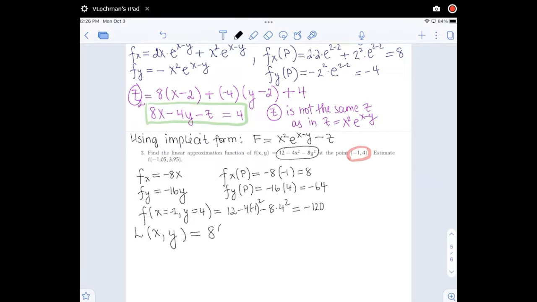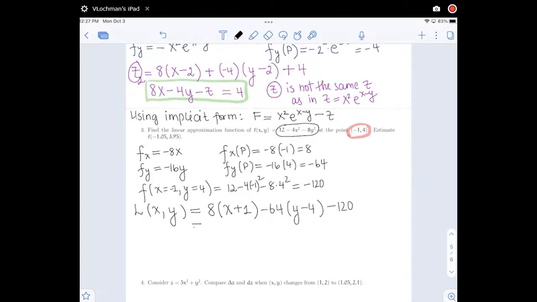So that would be 8 times x minus (-1), that gives us plus 1, minus 64 times (y minus 4), and then plus the value of the function at the point, so that's negative 120.